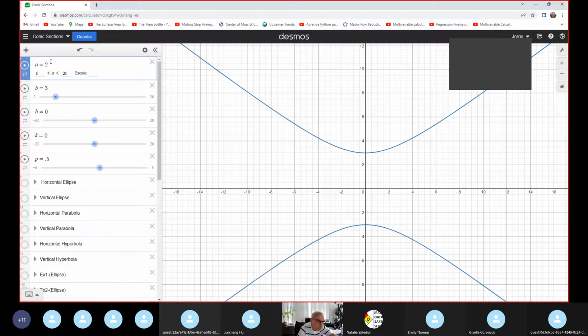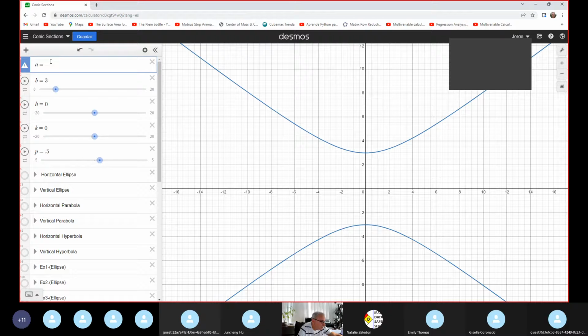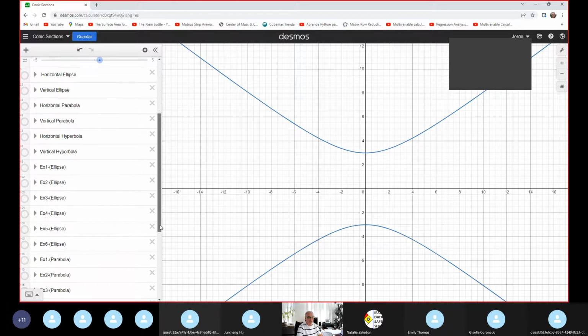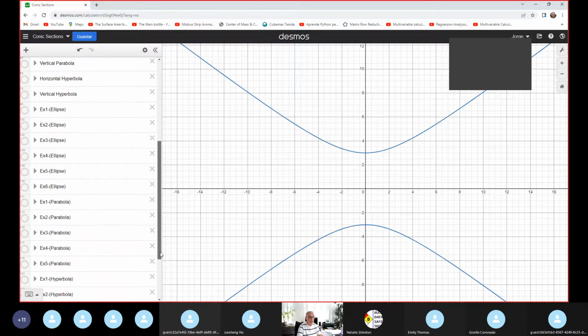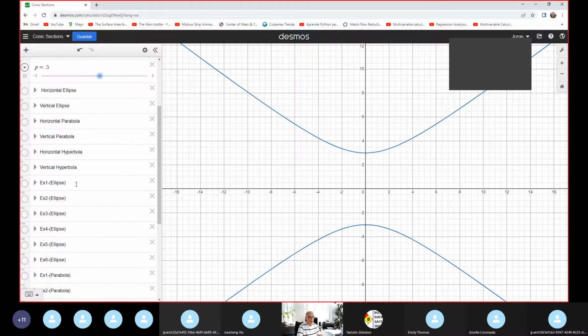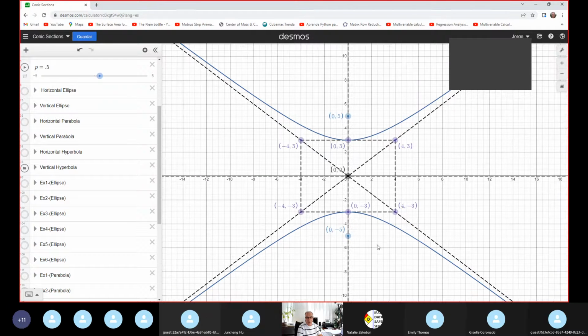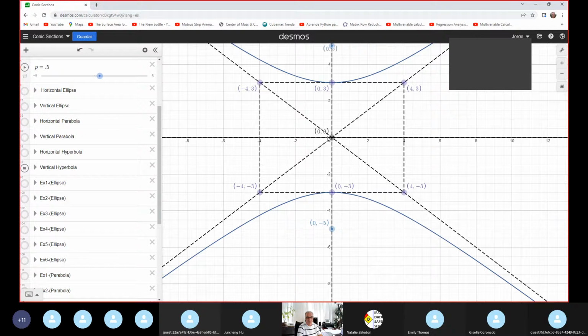Look, I check the value here, and B is 4. It happens that h and k are 0. And you classify it like this: vertical hyperbola. Let me understand this. Center (0, 0).